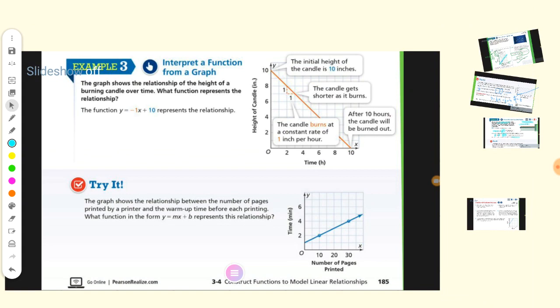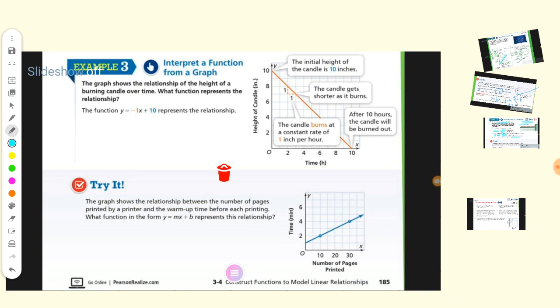As you see here from the graph, he wants me to find the equation only by looking at the graph. So from the graph, can I find the slope? Yes. Take any two accurate points. Say this point and this point.